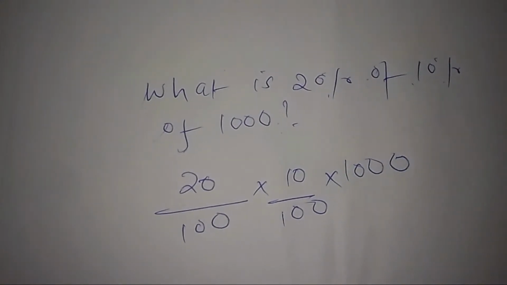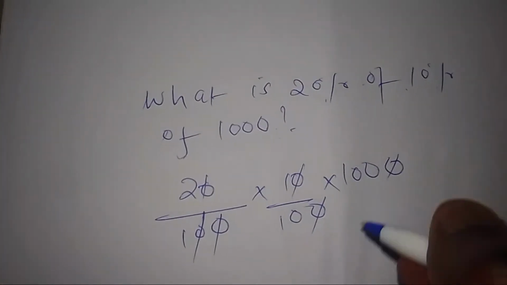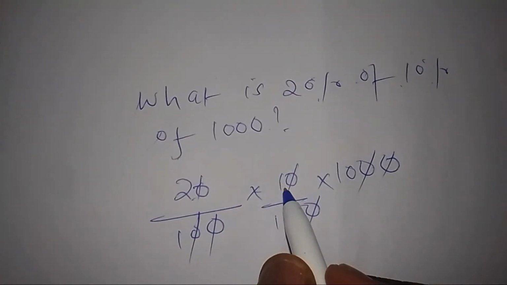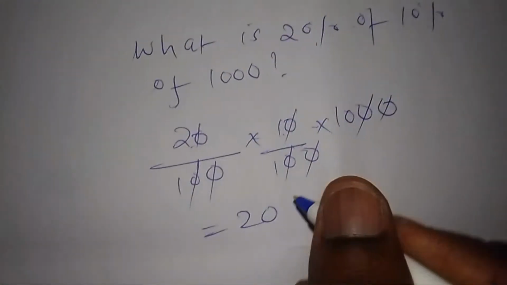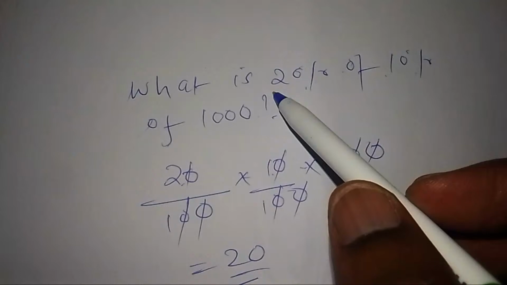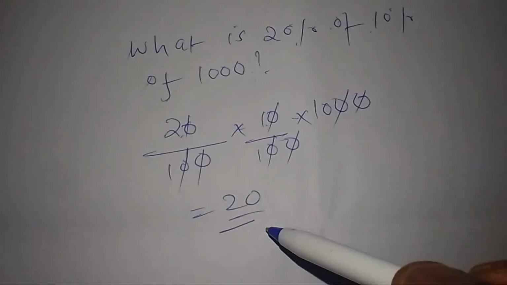So from there we begin. We shall have to multiply, which is 2 times 10 is 20. So the answer is 20. So 20% of 10% of 1000 is 20.